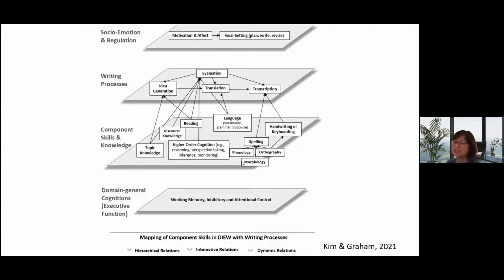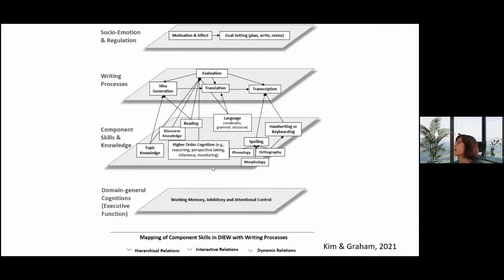But the pieces that I just talked about in the figure that I showed you are all here, and they contribute to these different processes. So when I generate ideas, my topic knowledge is relevant, right? If my writing task requires reading source materials, my reading ability will contribute to idea generation.